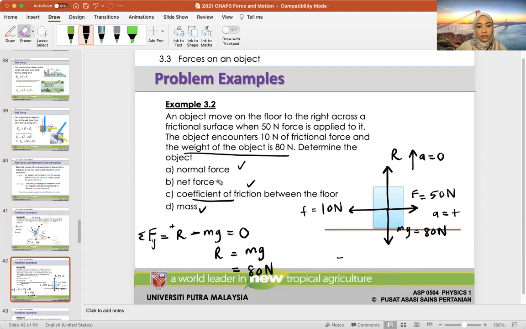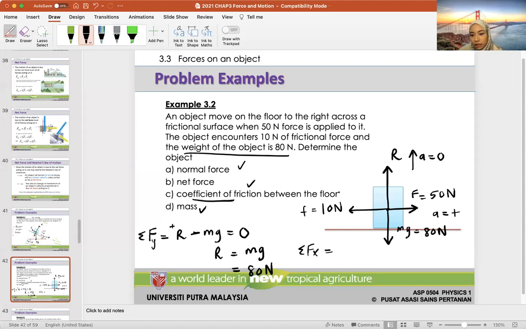Now we're talking about net force. So net force tadi kita cari in the Y. What about in the X? Fx. So we have, kita tak tahu dia punya acceleration macam mana at this point.